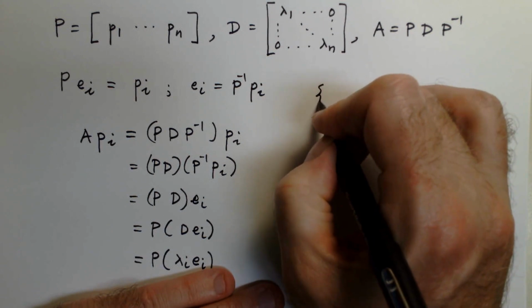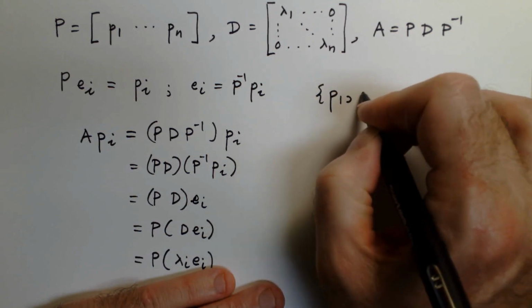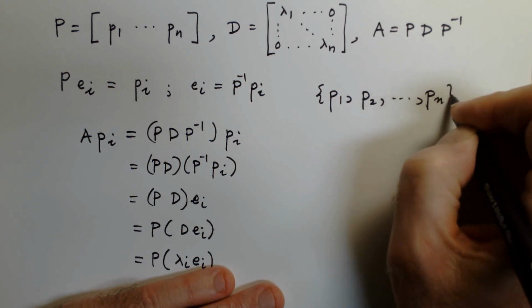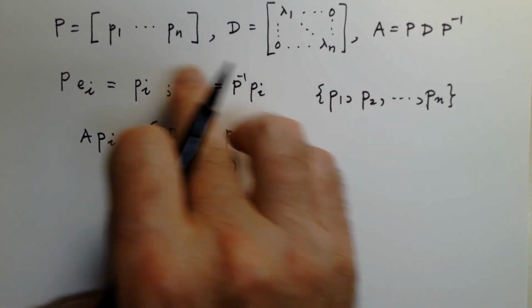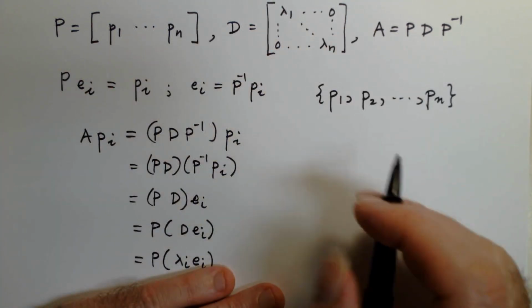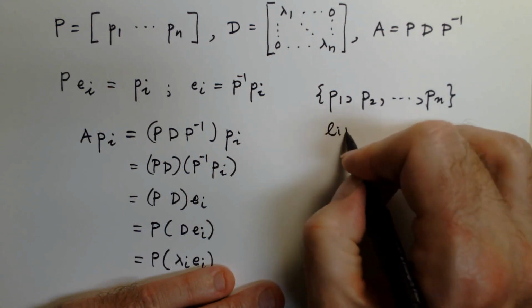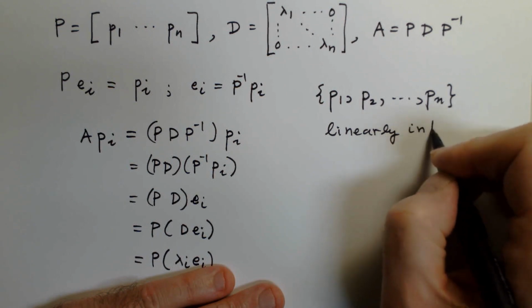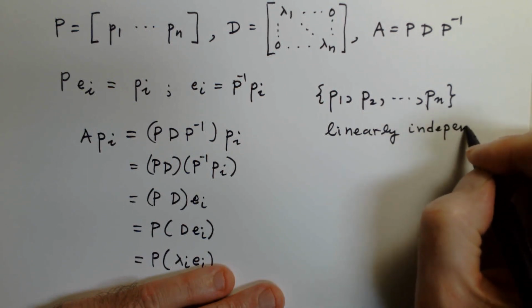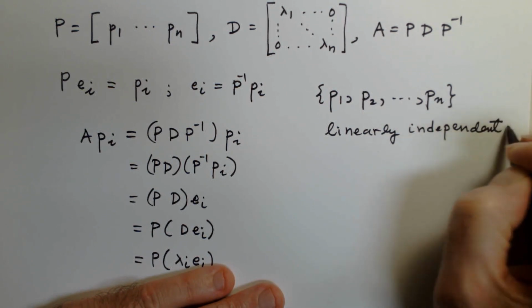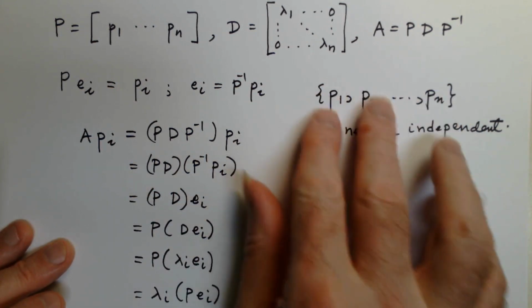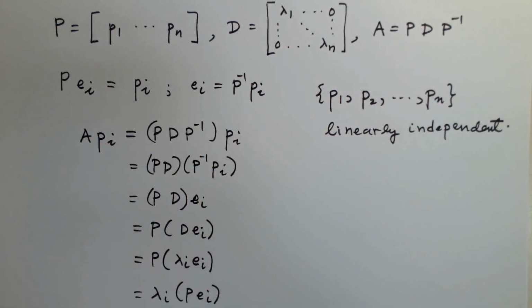The collection P1 through Pn, not only are these all eigenvectors for the matrix A, these are linearly independent. And since there are n of them in Rn, this would form a basis for Rn.